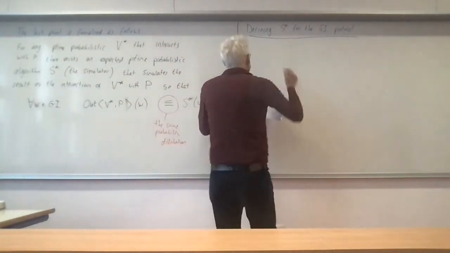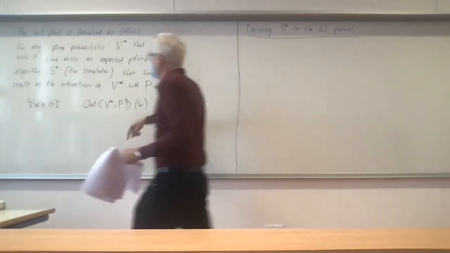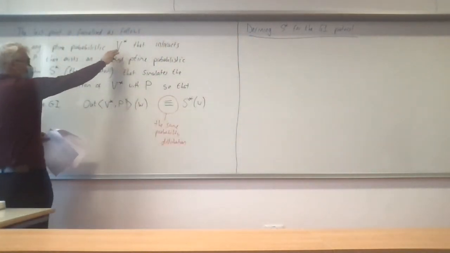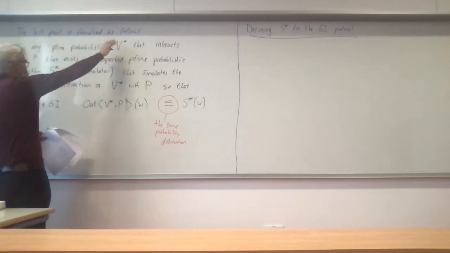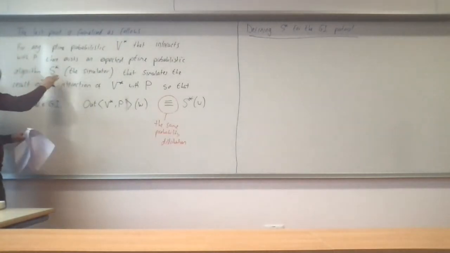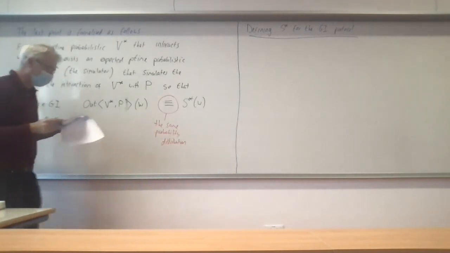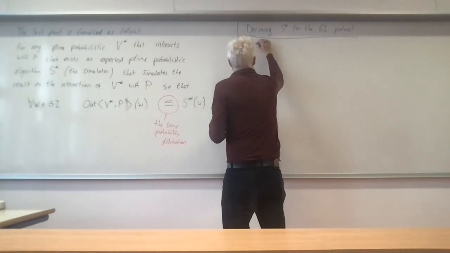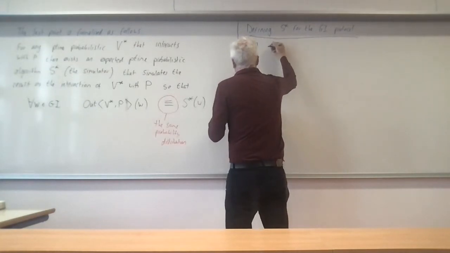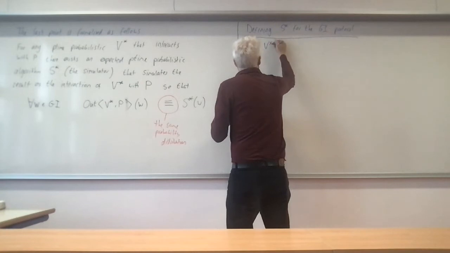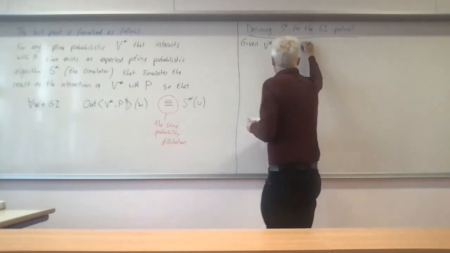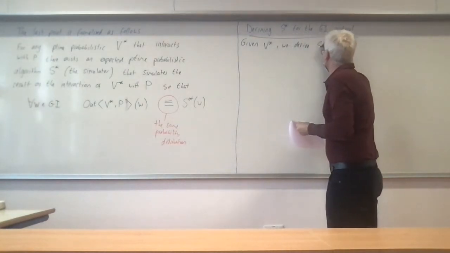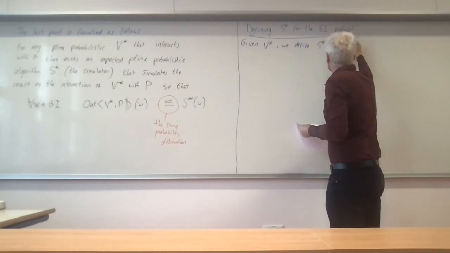So the point is, we want to show for any verifier that may be trying to trick the prover into leaking some information, we can find a simulator defined from the verifier. So given that we're allowed to use the verifier in the simulator, given V star, we define S star as follows.